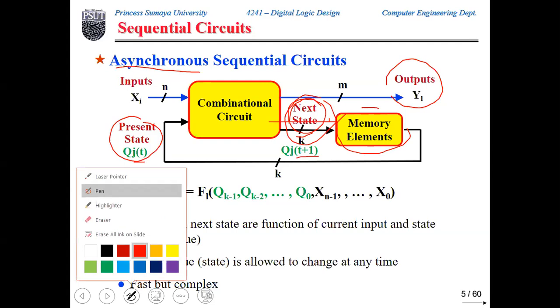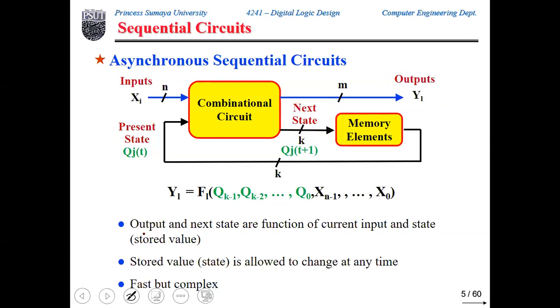In an asynchronous sequential circuit, the next state or the new value is allowed to go into the memory element or the storage as soon as the input changes. That's why it is asynchronous. It is not tied with time. It is not synchronized with time.